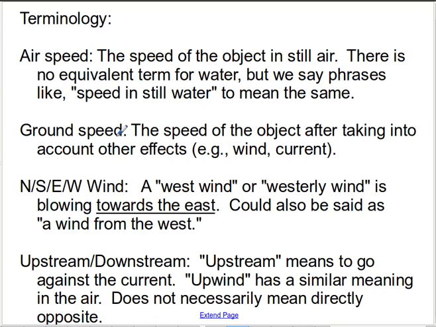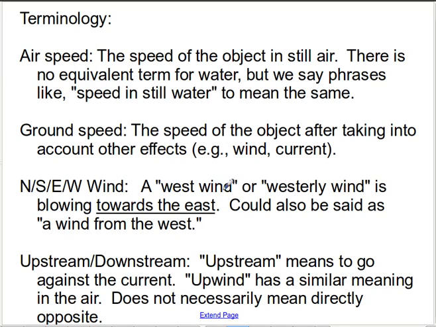Ground speed, on the other hand, is how fast you're traveling with respect to the surface of the Earth. And that means we also are taking into account any other effects, for example, the speed of the wind or the speed of the current or whatever else might be interfering with the air speed or the air travel of the object. When we talk about wind directions, and this is where I said things get counterintuitive, a west wind or westerly wind, for example, is a wind that's actually blowing towards the east.